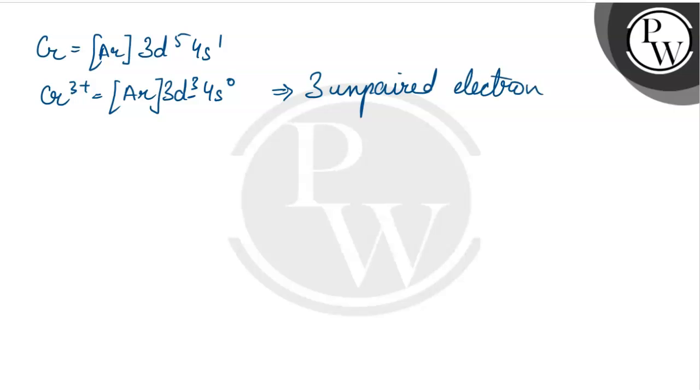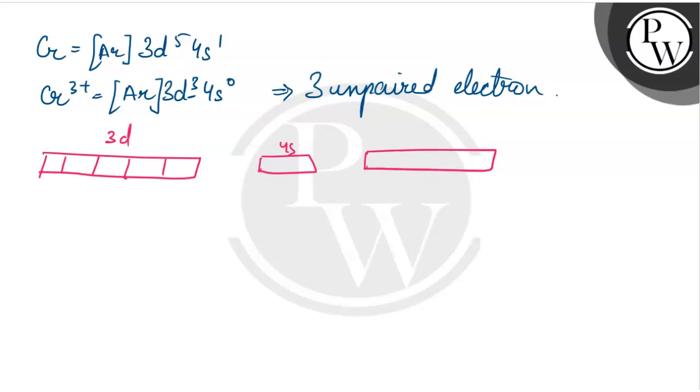If we draw the orbital diagram, this is 3d, 1 2 3 4 and 5, this is 4s, and this is 4p. In 3d we have three electrons, so the remaining two d orbitals and all the other orbitals are vacant for the reaction.